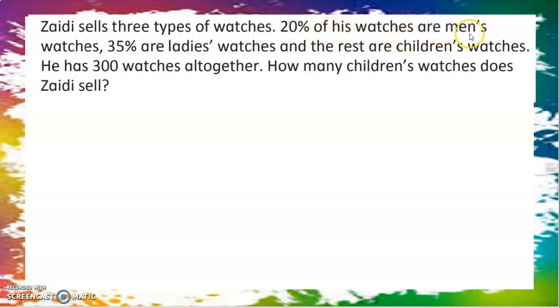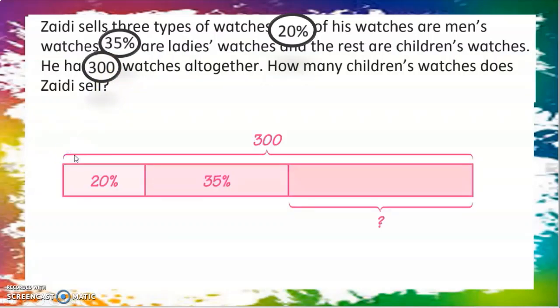20% of his watches are men's watches, 35% are ladies' watches, and the rest are children's watches. He has 300 watches altogether. How many children's watches does Zaidi sell? So we have here the 20%, 35%, and altogether we have 300 watches. So in order for us to take how many children's watches, as you can see, these are the percentage.